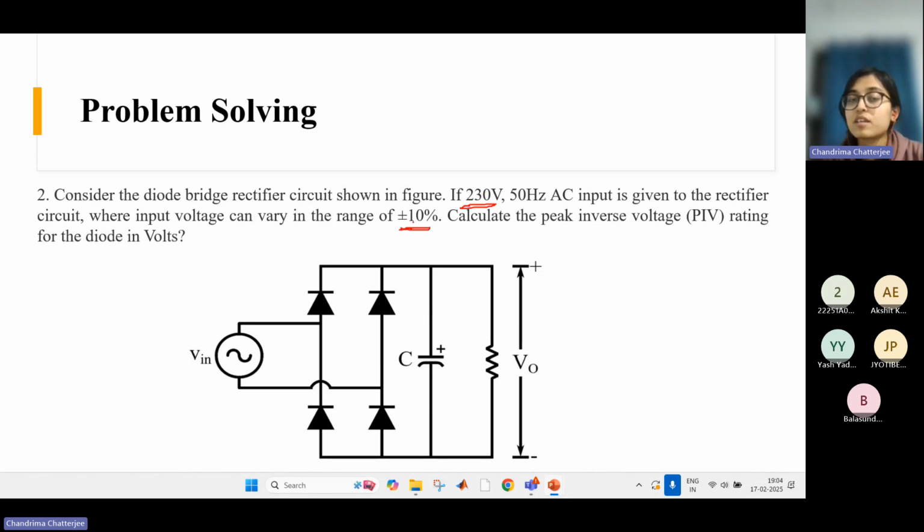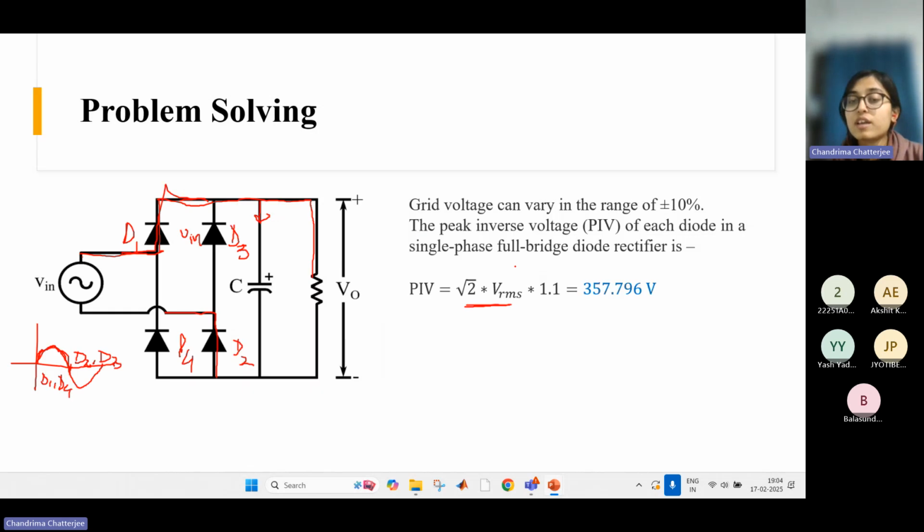So that's why we have multiplied by 1.1. That is basically 1 plus the range, which is 10%. So 10% means 0.1. That's why we have taken 1.1.